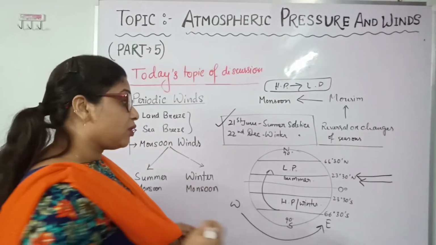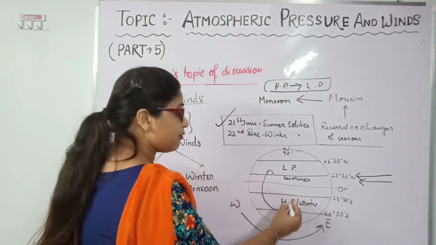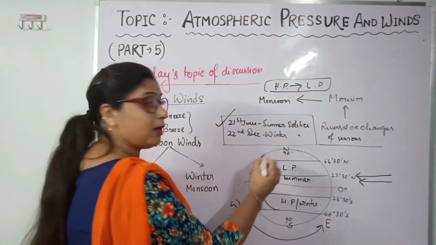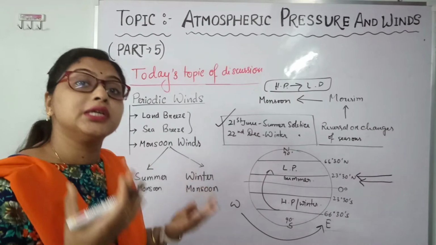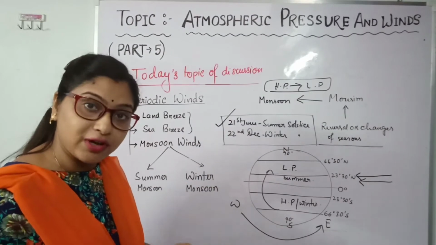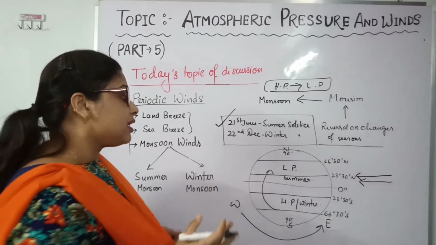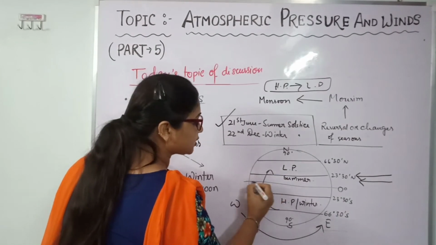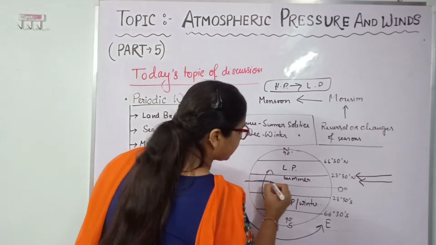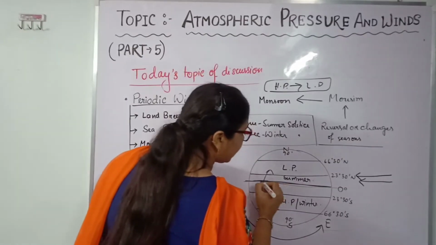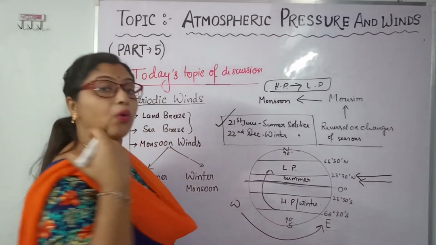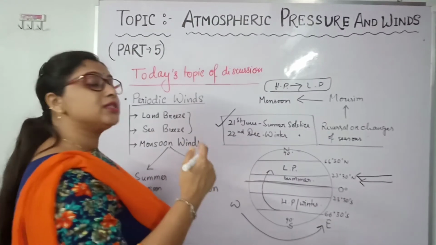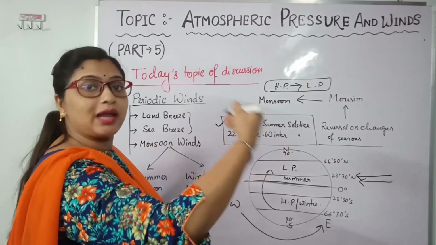So from the water bodies and from the southern hemisphere, the wind will blow towards the northern hemisphere by the attraction of low pressure. And how will it blow? As it crosses the equator, by the influence of the Coriolis force, it will always deflect to the right-hand side in the northern hemisphere.